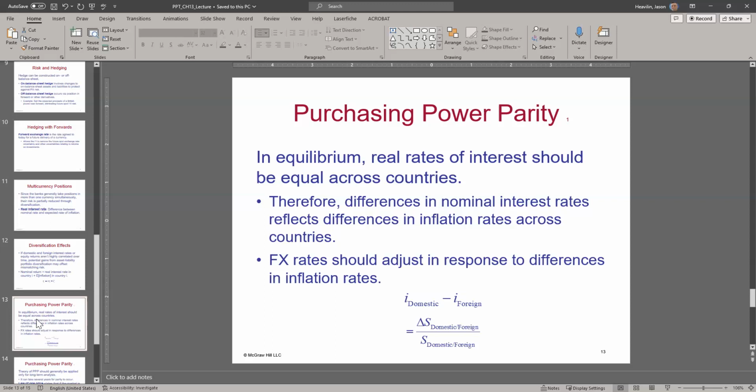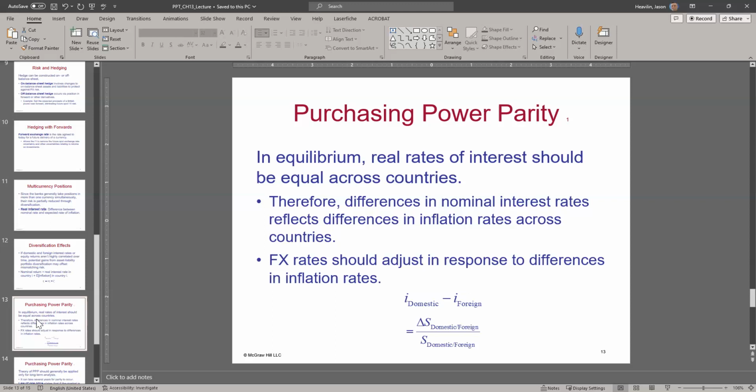Therefore, differences in nominal interest rates reflect differences in inflation rates across countries. So, since nominal is equal to inflation plus real rate, and in equilibrium the real rates should be the same, over time it averages to the same. That means that what's different is the inflation. And that makes sense.